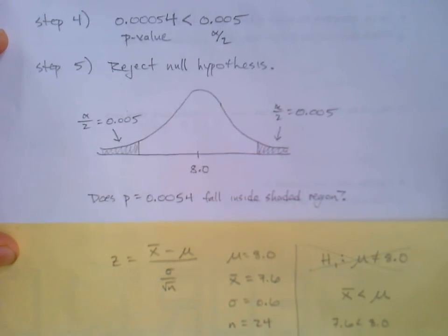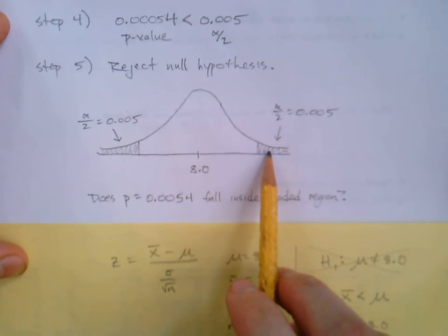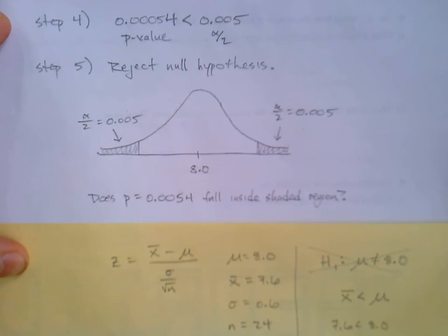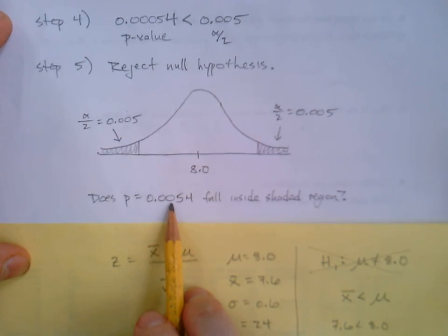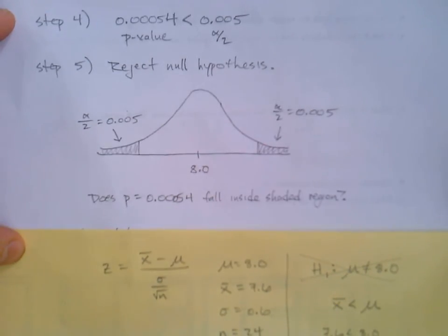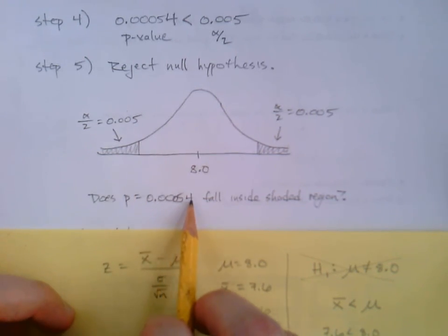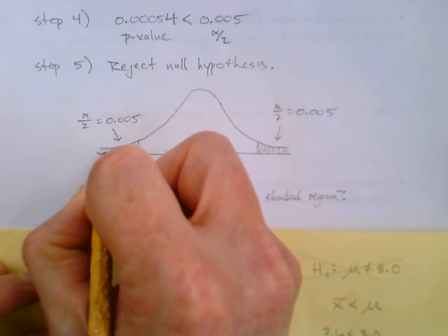This is maybe another way to ask it graphically. I've got my bell curve again. I've got my two shaded regions again, both with alpha over 2. Does p equals 0.00054, that was my p-value, fall inside the shaded region? We're looking on the left side. 0.00054 would be way down here.